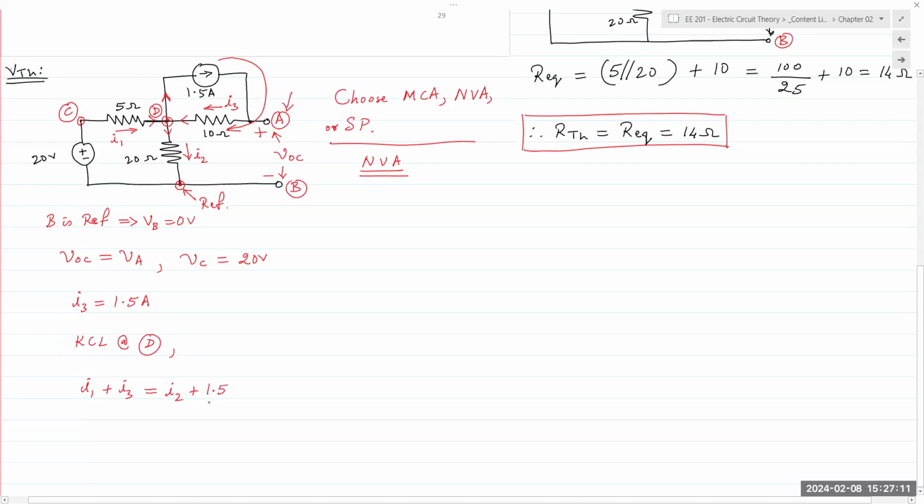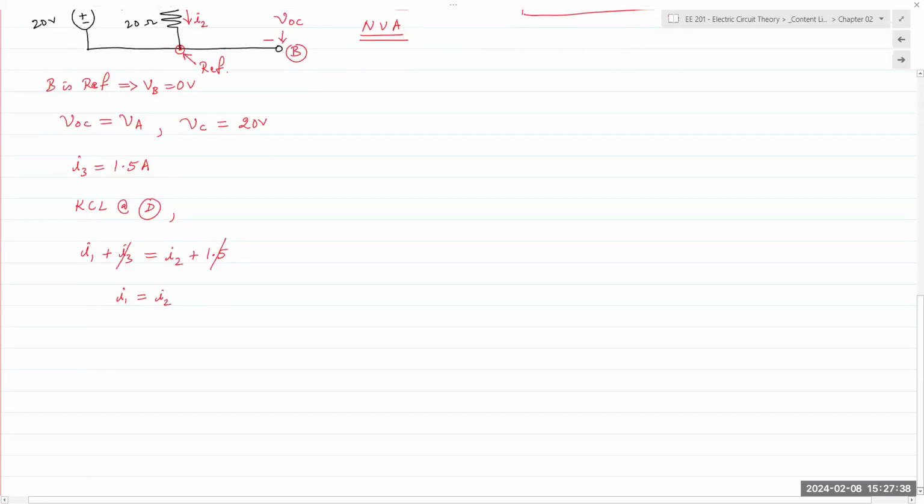And that is the correct equation. Now, because I3 and 1.5 are the same, they cancel each other out, and I'm left with I1 equals I2.